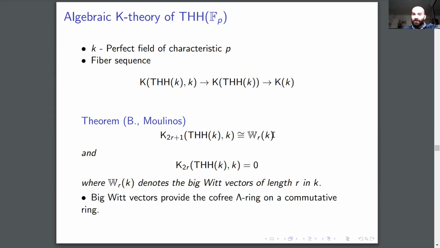To be honest, we weren't expecting to get such a nice result. This is kind of surprising. Usually, if you look at the older computations, or similar computations of algebraic K-theory groups, you often get results that are not this simple. Usually the results look more complicated and a little bit more messy.